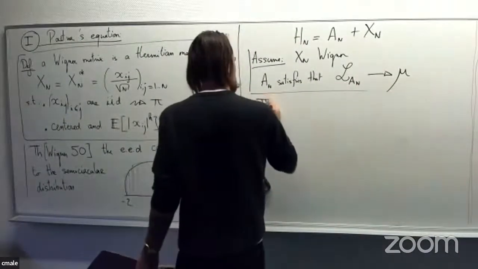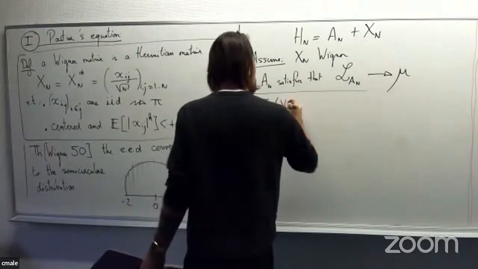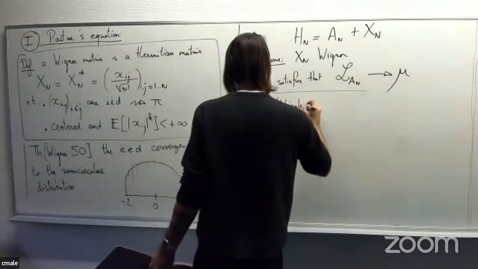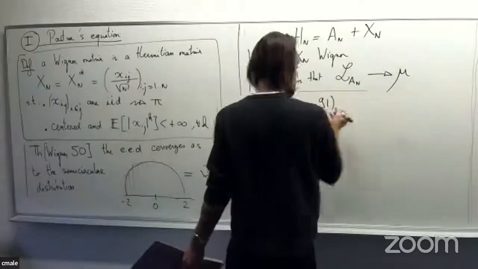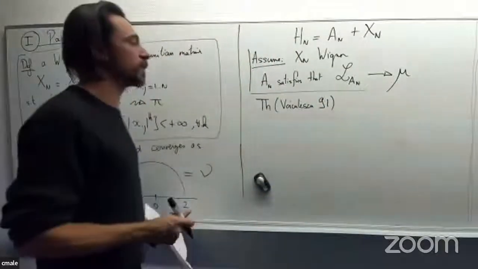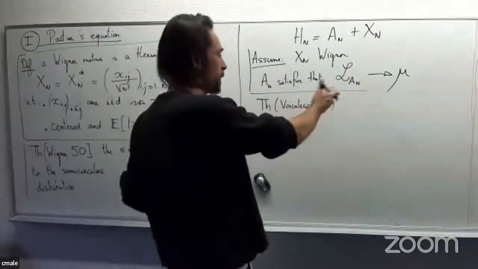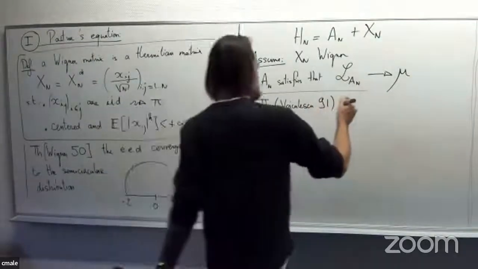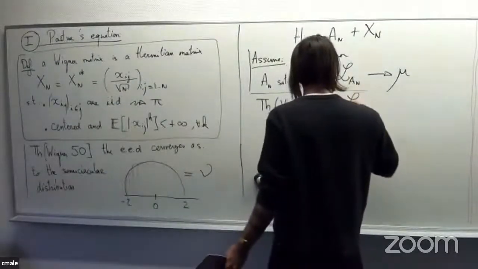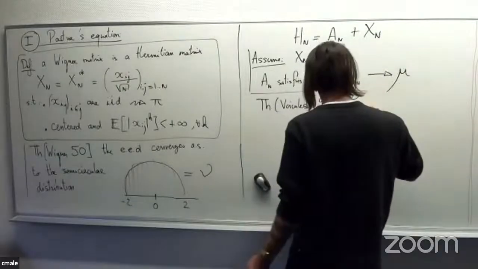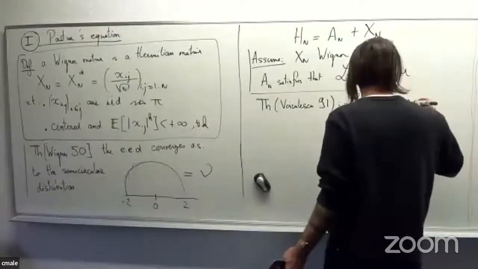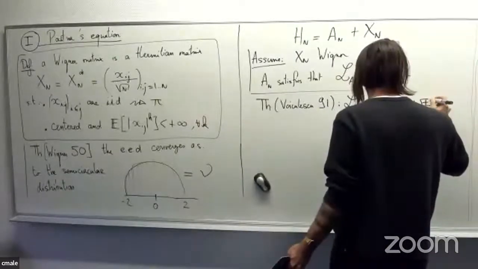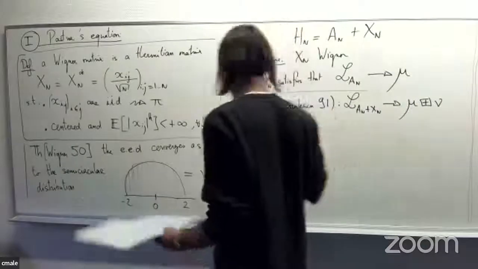So a theorem which is due to Voiculescu, which is a consequence of his main result in 91 on the connection between free probability and random matrices, is that the empirical distribution of this sum, A_N plus X_N, converges to the free convolution of the measure mu and mu.